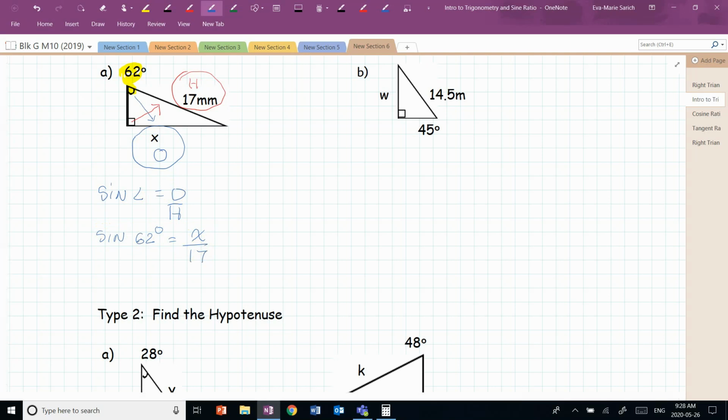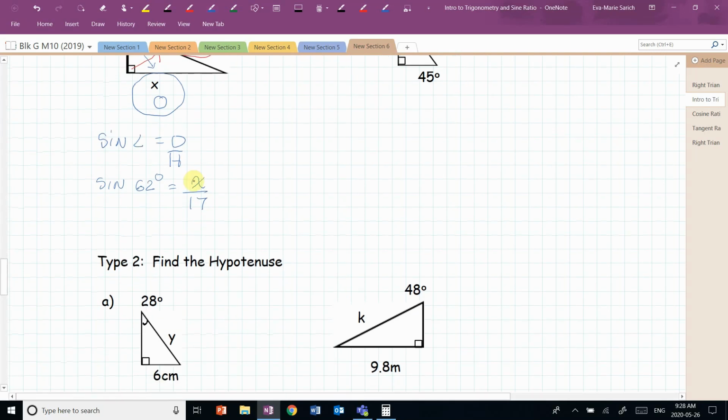Now we need to figure out what x is, so x has to be all by itself. How do we get x all by itself? Just think about algebra. If you have x divided by 17, you need to do the opposite: multiply by 17. That gets rid of the divide by 17. If you multiply one side by 17, you have to multiply the other side by 17.